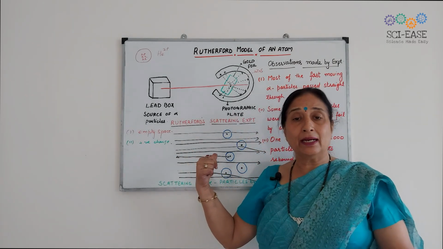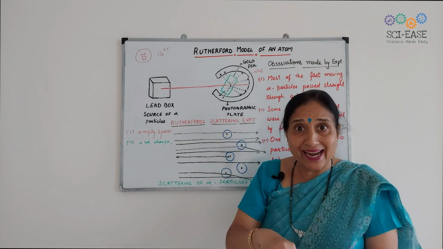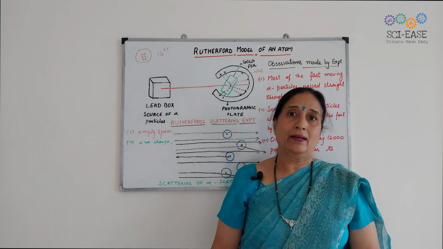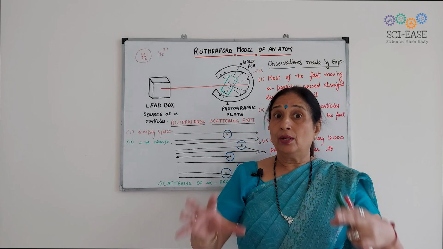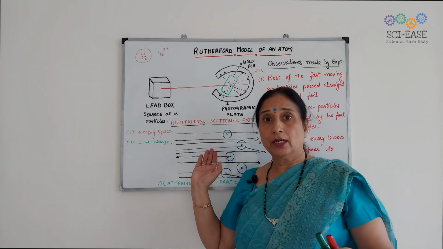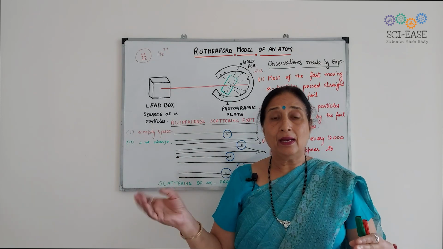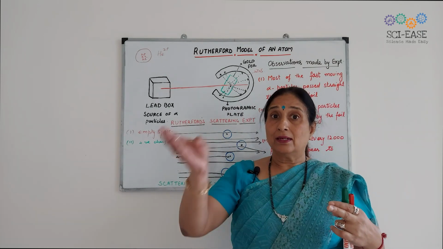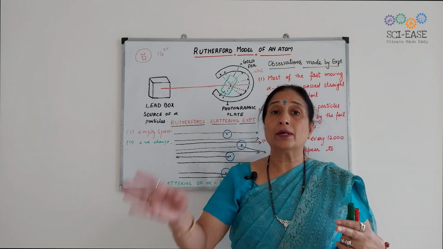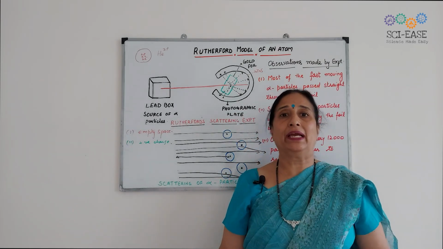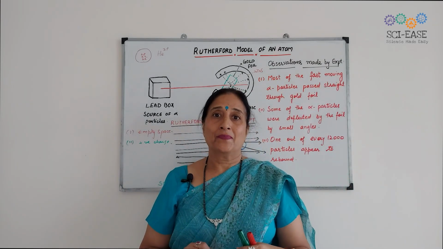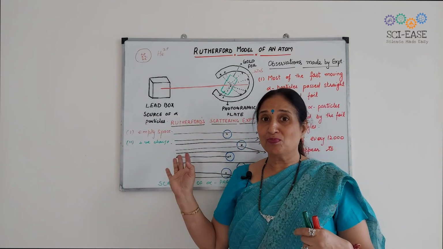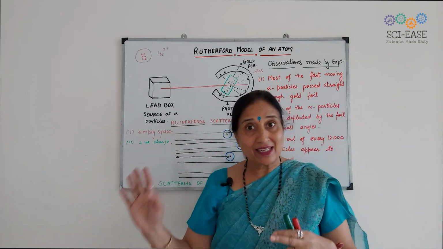But what did Rutherford tell? That the positive charge is right in the center and occupies very little space. Okay, so Ernest Rutherford told a lot, but still there was a drawback. He couldn't explain that these electrons revolve around the nucleus, they keep on revolving, they will not fall. Okay, so with this, Rutherford's model of an atom is finished.